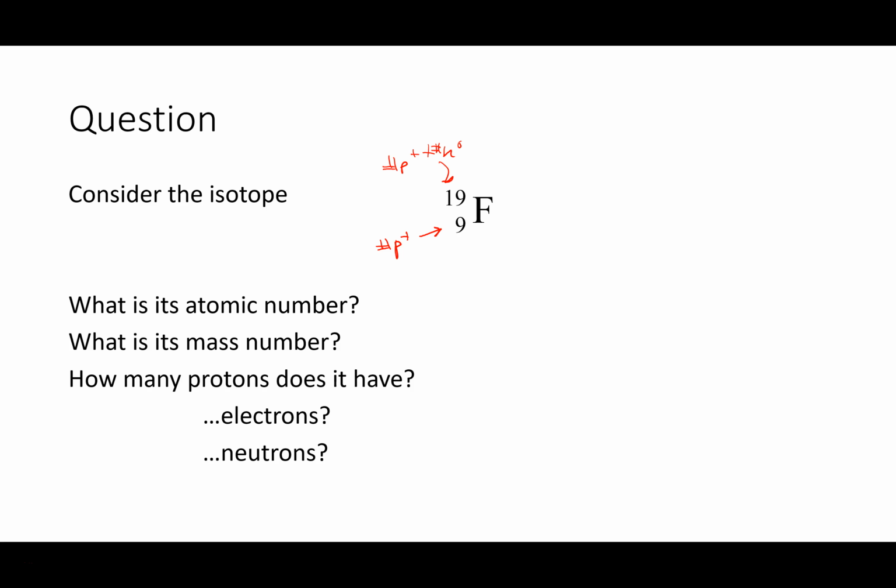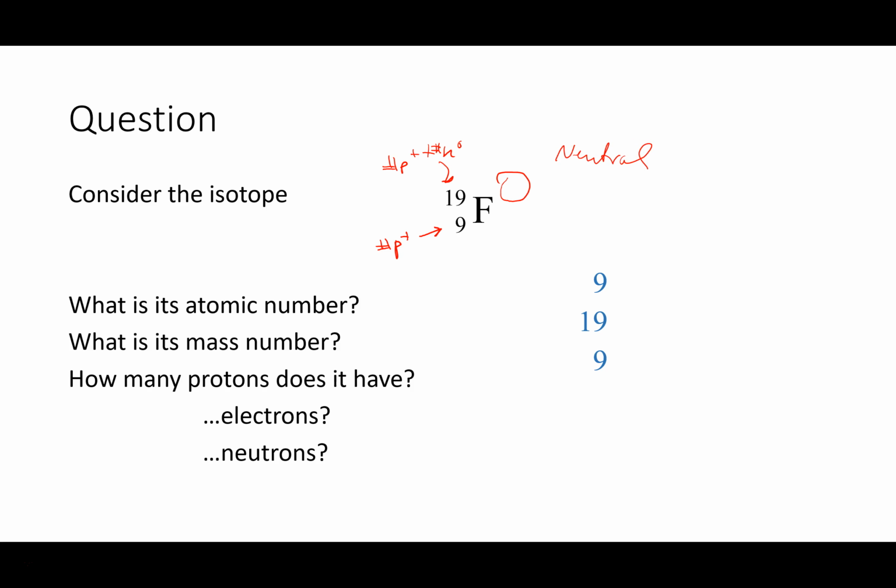So what would you put for its atomic number? 9. Very good. What's its mass number? 19. How many protons does it have? 9. How many electrons does it have? Now, I will point out that it is a nonmetal, so it can pick up electrons, but the fact that there's nothing up here means that it's neutral.